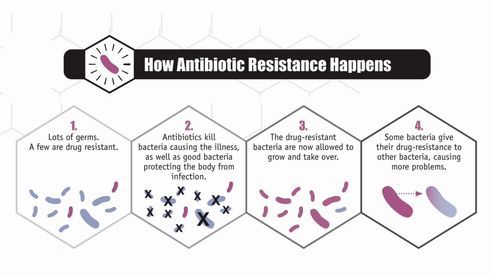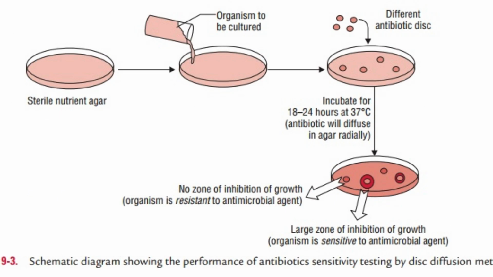A culture and sensitivity test identifies the exact bacteria causing the infection and shows which antibiotic the organism is sensitive or resistant to. So they do the lab test where they check what kind of bacteria it is, and they try different antibiotics on those cultures to check which one is working.